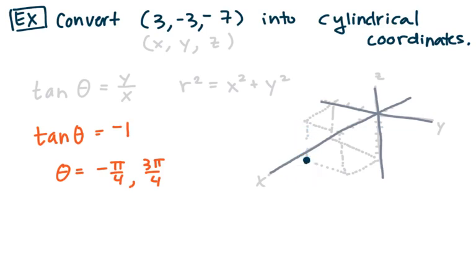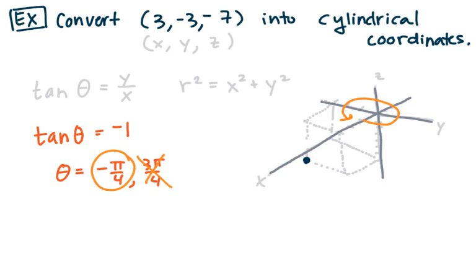So we're down here, and if we think about that as a rotation up here, we are in this 4th quadrant. So that means we're going to choose negative pi over 4, not 3 pi over 4, because 3 pi over 4 would have ended over here in quadrant 2. So negative pi over 4 is going to be my angle.